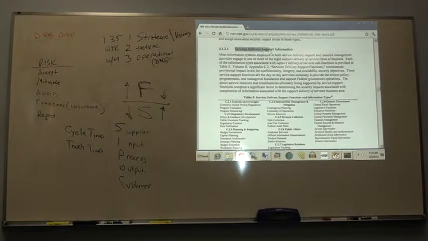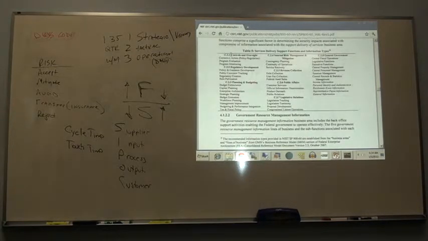Service delivery support. What are you doing? What service are you providing? Controls and oversight, regulatory development, planning and budgeting, risk management, revenue collection, public affairs, legislative, general government.